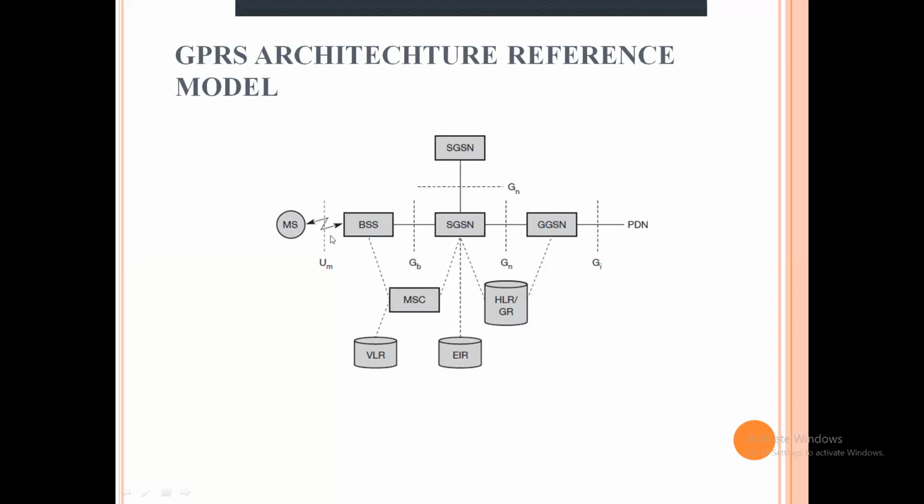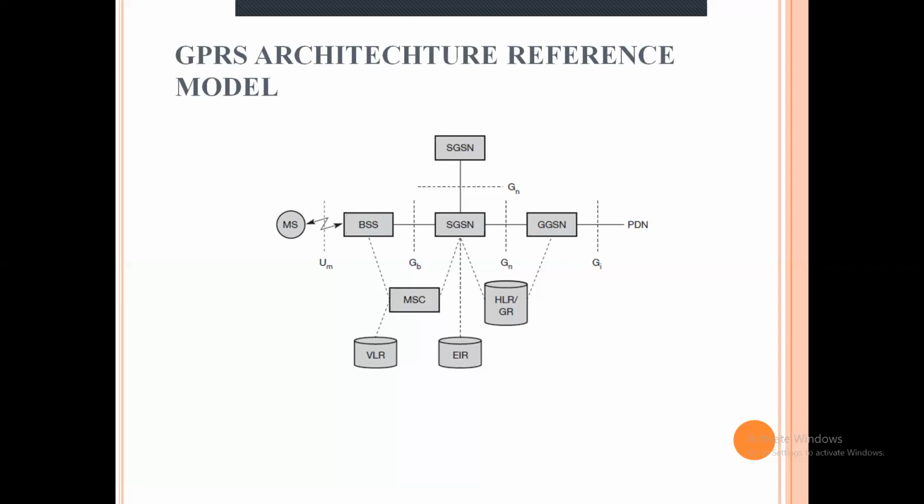It is under this base station subsystem, this base station subsystem is under this SGSN, and this SGSN is controlled by this GGSN. So the data is passed through this GGSN, the gateway GPRS support node. This is the complete GPRS architecture reference model.